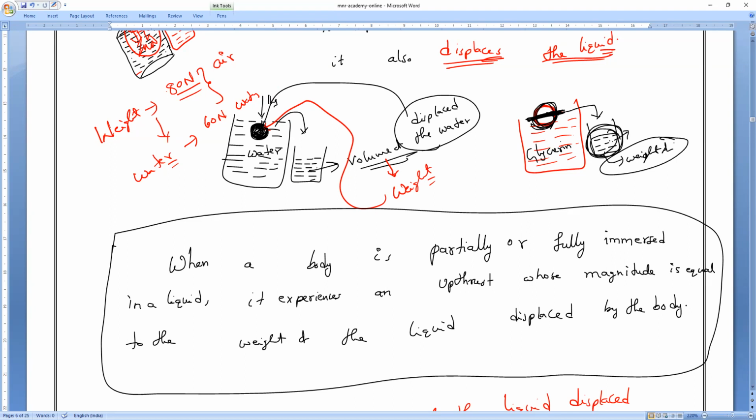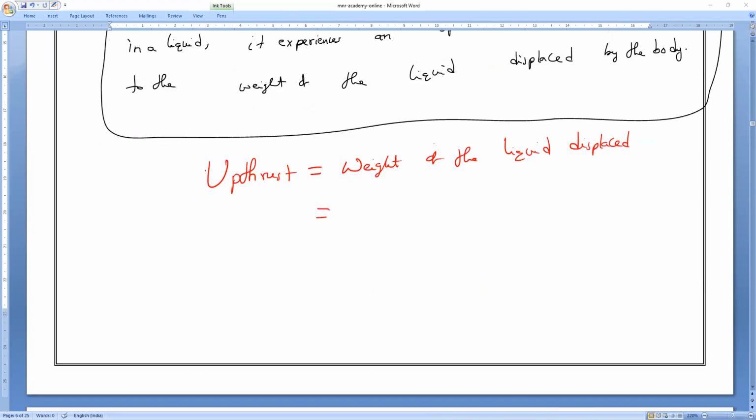We call it the apparent weight of the body. That is the reason we always feel lighter in water or any liquid, because of buoyancy force. So the loss of weight of the body, how much he lost from air to water, is also equal to the upthrust.